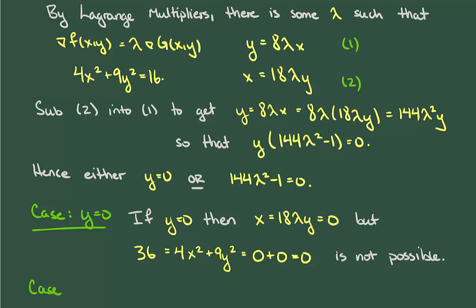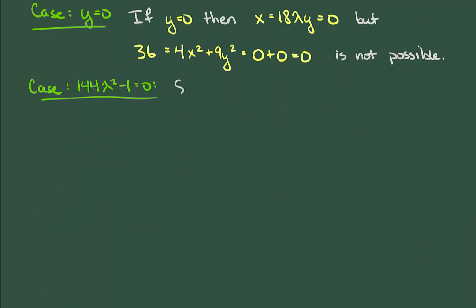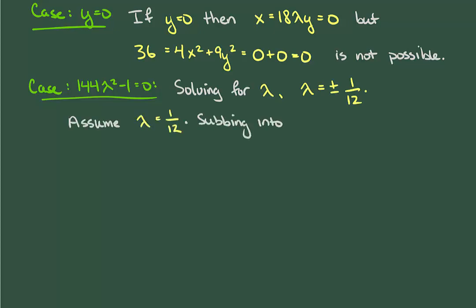So then let's assume the other term is 0. Solving for lambda, we see that lambda is either plus 1/12 or negative 1/12. We'll start by assuming that it's positive 1/12 and plug it into equation 1 so that y is equal to 2/3 x.